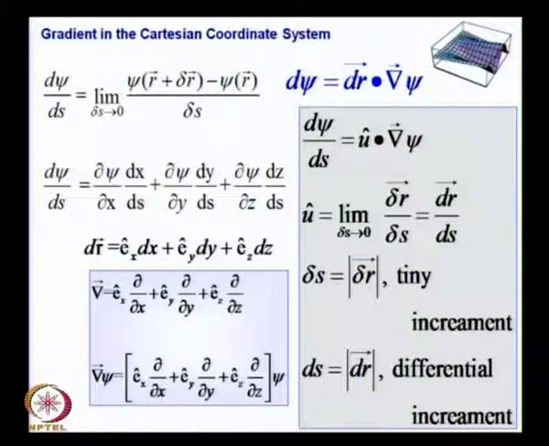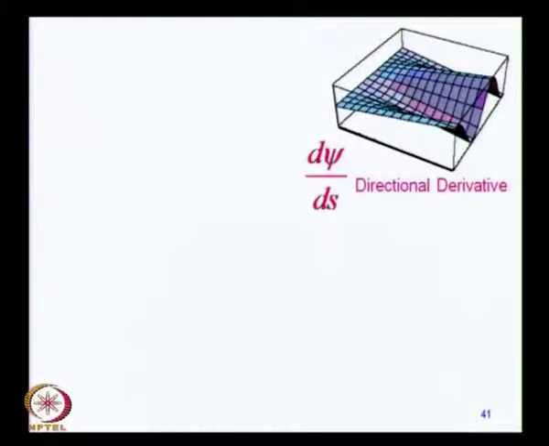So, this is now the definition of a gradient: it is such a vector operator that when it operates on a scalar point function psi giving you grad psi, its components along any direction give you the directional derivative in the direction in which the component is measured. This is physics. What is at the heart of this is the idea of a directional derivative.